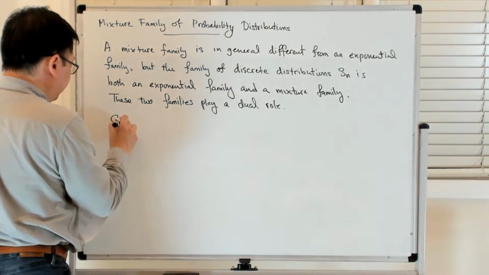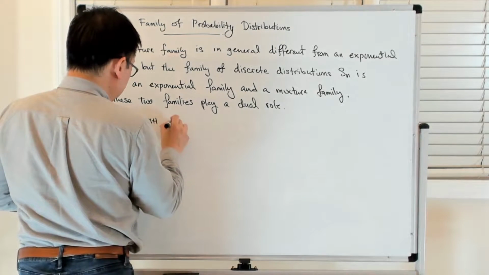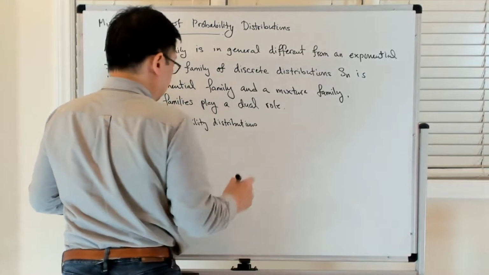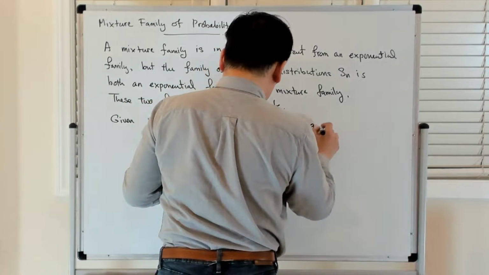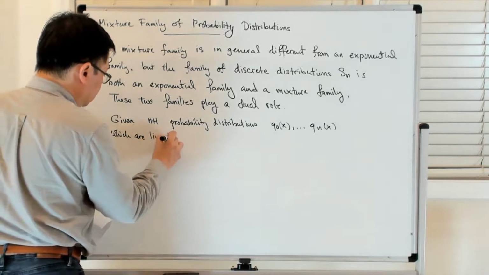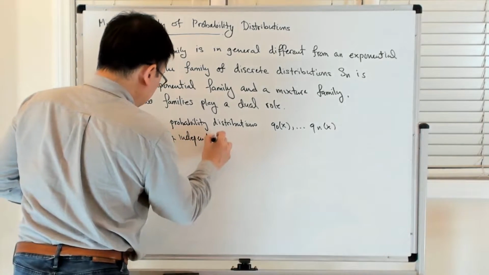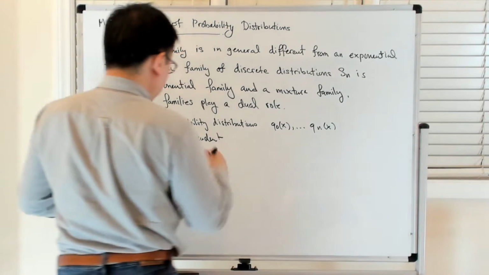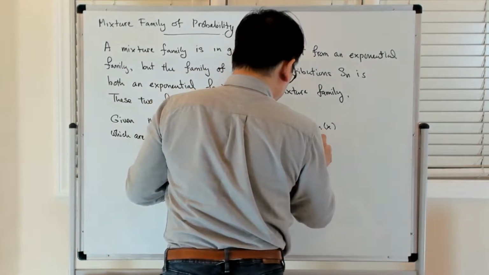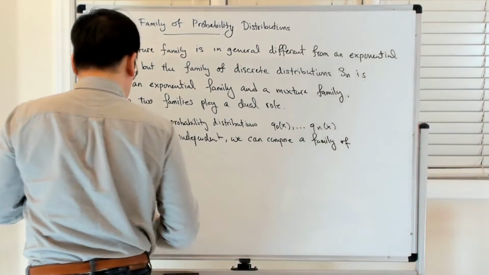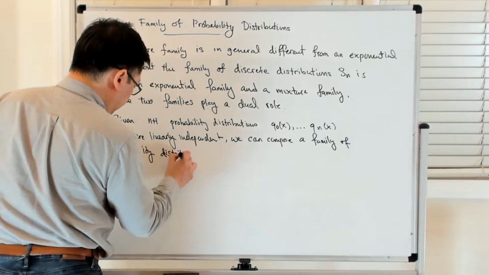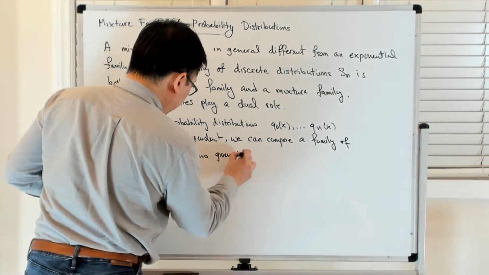Okay? So if I'm given n plus 1 probability distributions, let's call them q_0 of x all the way up to q_n of x, which are linearly independent, you can compose a family of probability distributions given by the following.